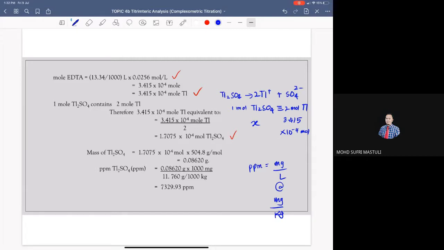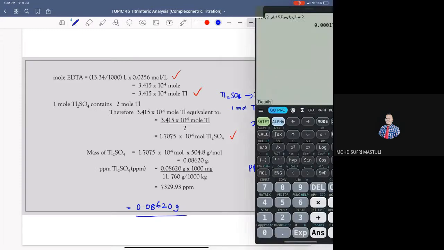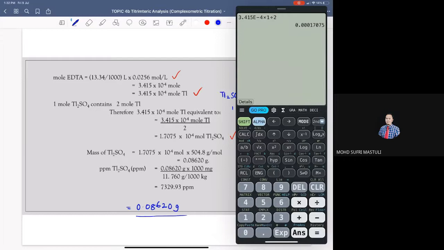So I do it here: 0.0862 gram divided by the mass of sample just now.